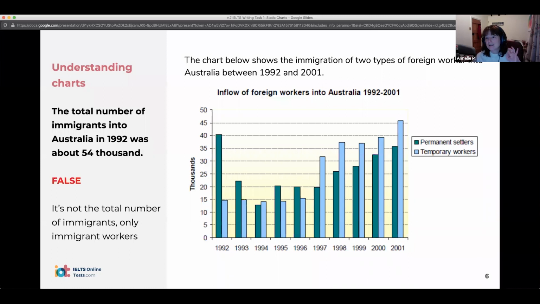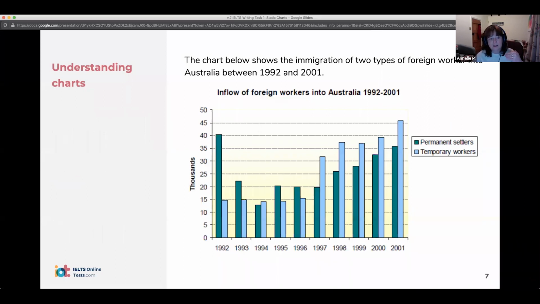The task states that it's workers and it's not all immigration. So there could be students, there could be other types of immigration. So you're talking specifically about workers. If you wrote that in your introductory sentence, you'd be losing marks in terms of accuracy, because that's not an accurate statement based on this bar chart.